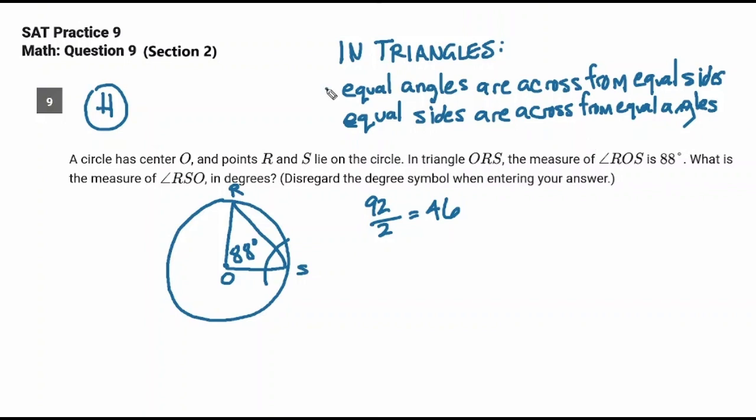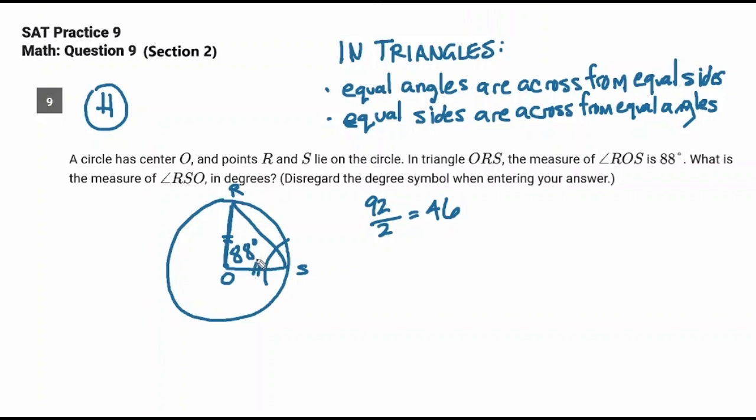Equal sides are across from equal angles. Do we have equal sides here? Well, what is this? It's a radius, right? It's a line from the center out to the circle. What is this? It's a radius. It's a line from the center out to the circle. So are these sides the same?